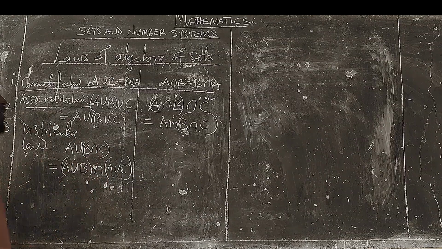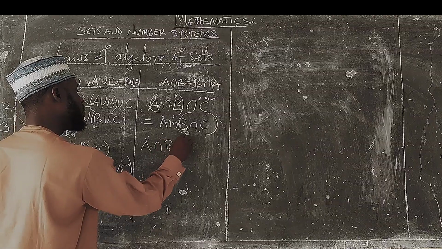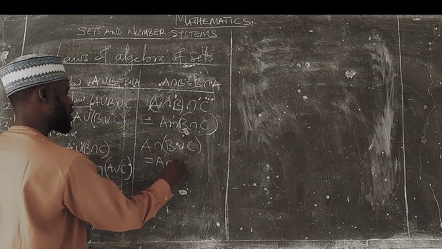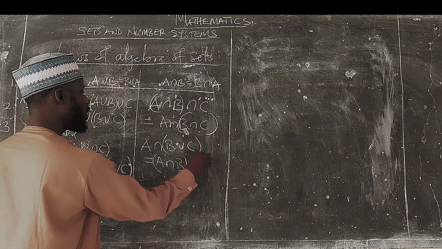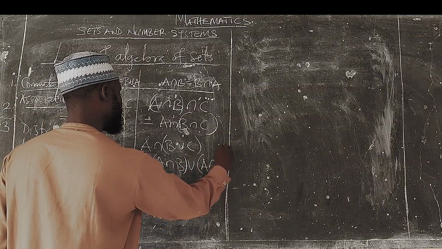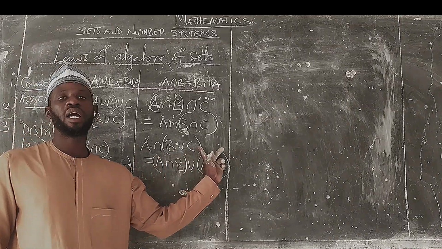And the dual is, you have A intersection B union C. This is the same thing as A intersection B, union A intersection C. Now, the intersection is distributed over union.